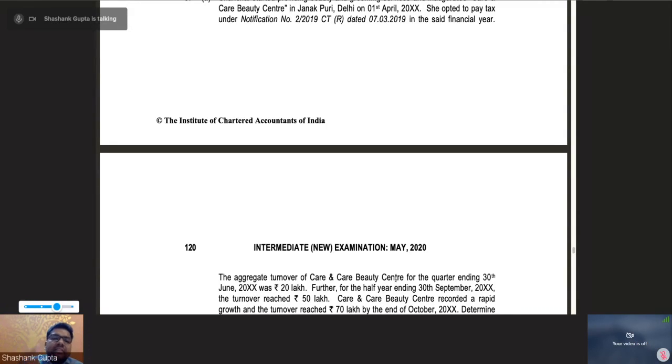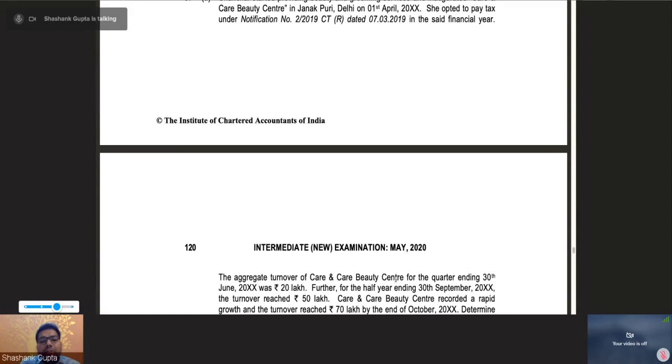Once she crosses the 50 lakh limit, the option under notification number 2/2019 shall not be available. Thereafter, she will have to pay tax at the full rate, that is 18%. And 70 lakh minus 50 lakh is 20 lakh. On 20 lakh, tax at the rate of 18% shall be applicable.